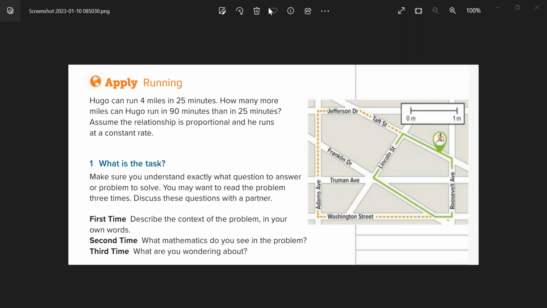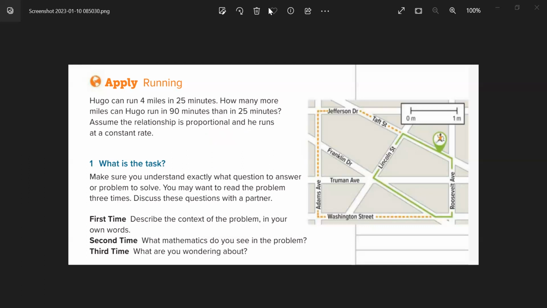So the first thing we need to do is find the constant of proportionality to make our equation. So we know that he can run 4 miles in 25 minutes. Since he is going to run for 90 minutes, we need to find out how much he runs per every minute, to find out the miles.